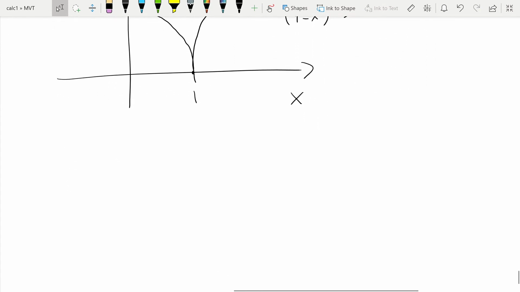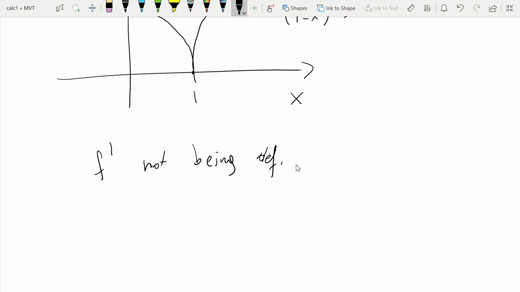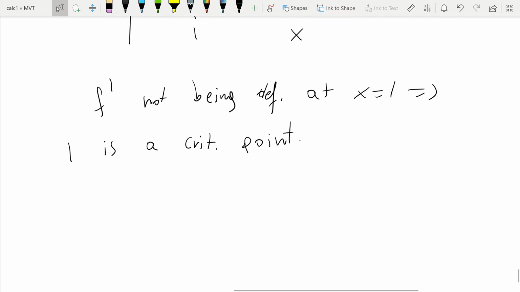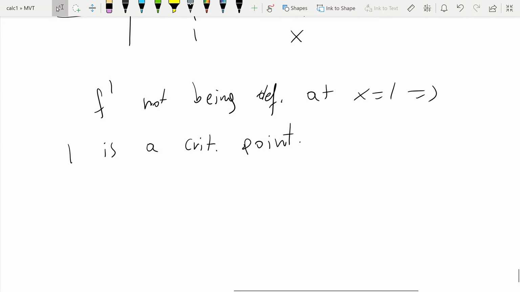And f prime not being defined at x equals 1 implies 1 is a critical point, right? Remember that critical points are points at which the derivative is equal to 0 or is not defined. Since it is not defined, then it is a critical point.